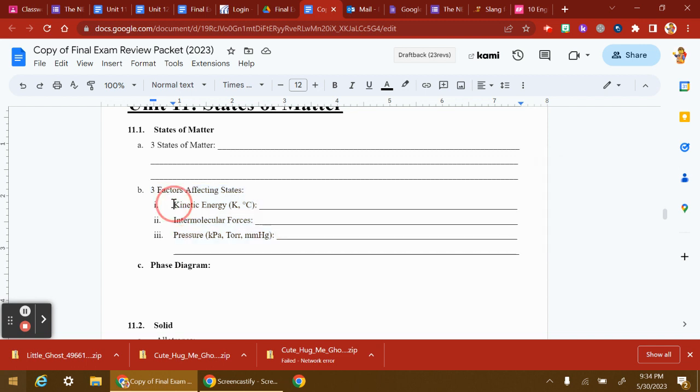Well, there's only three factors: the kinetic energy, how fast the particles are moving. All right, the faster the particles are moving, the harder it is to keep them together as a solid. This is why when we increase something's temperature, i.e., make the particles vibrate more quickly, you can get something to melt or to turn into a gas, to boil.